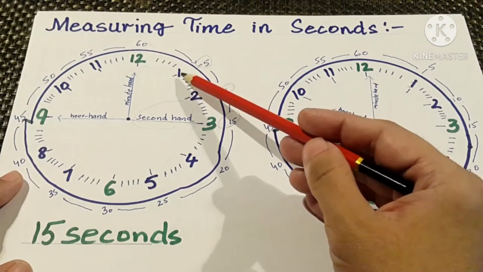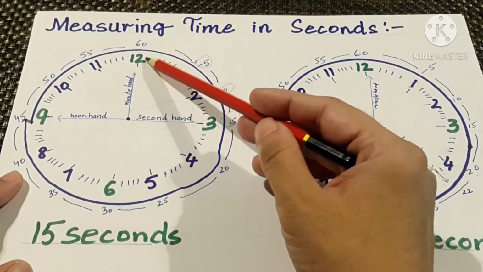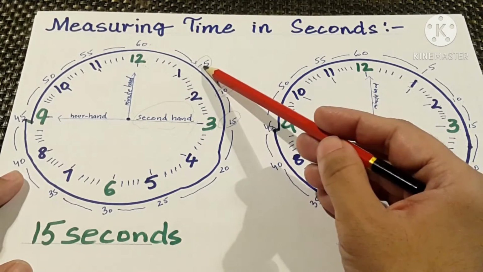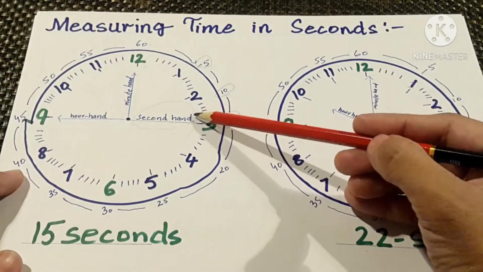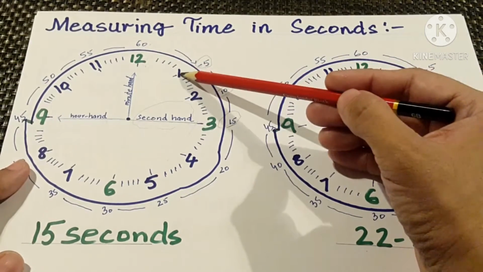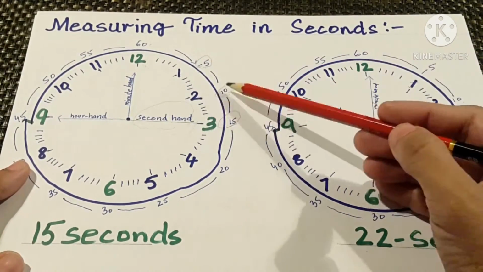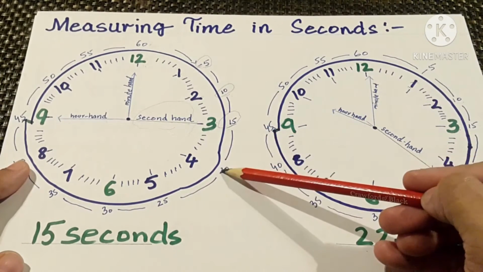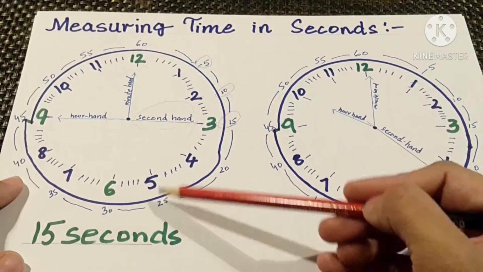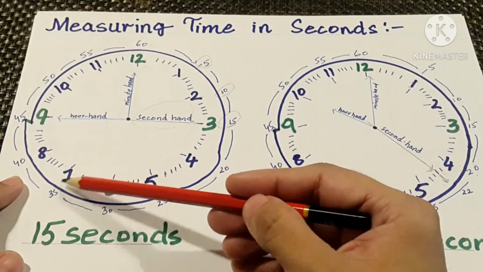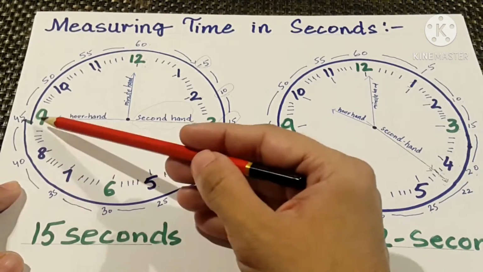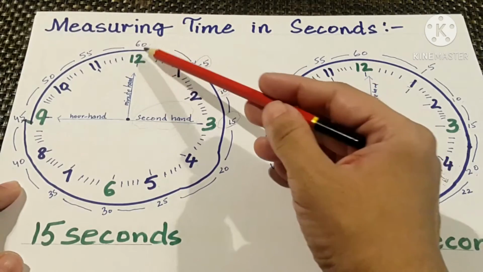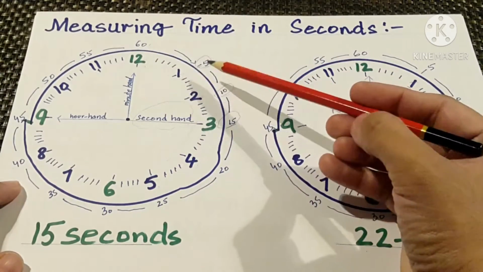Like from 12 to 1 there are 5 seconds between it. So at 1 it is 5, then at 2 it is 10, at 3 it is 15, at 4 it is 20, at 5 it is 25, at 6 it is 30, at 7 it is 35, at 8 it is 40, 9 45, 10 50, 11 55 and 12 60 seconds.